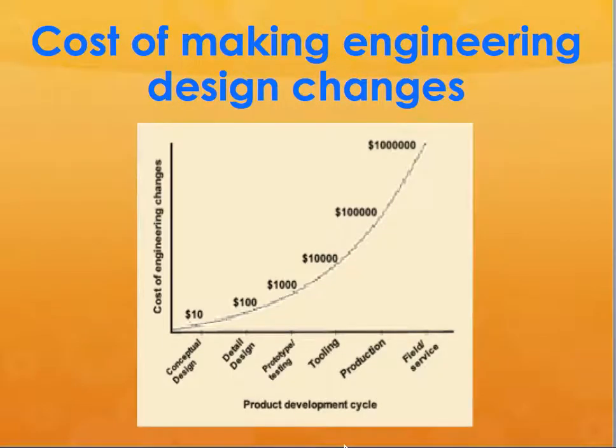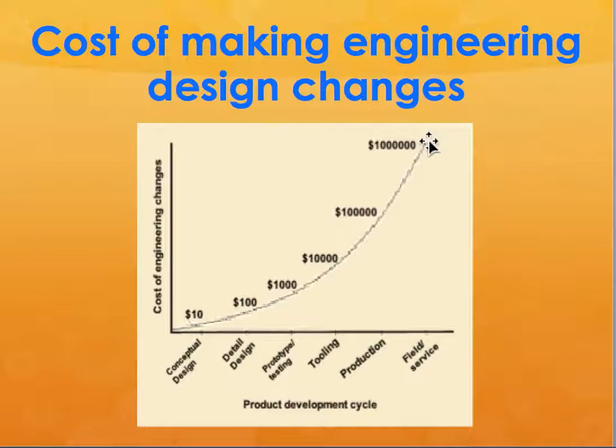So by doing this ahead of the design cycle, you are reducing your final cost to your part. So what is the cost of making engineering design changes? Suppose you do that in the conceptual design stage, if it costs you $10, after the product has actually been installed in the field or service, it will cost you $1 million.